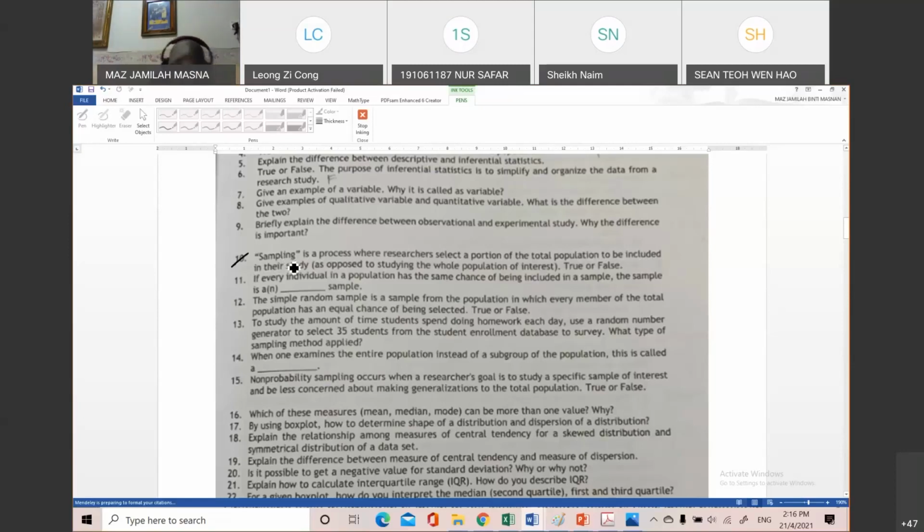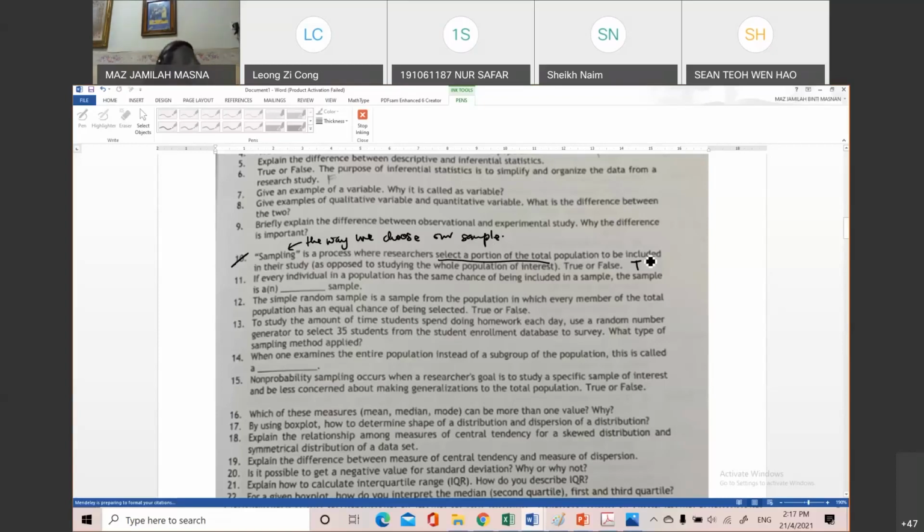We are not talking about a sample, we are talking about sampling. The way we choose our sample. Since it is a process where researchers select a portion to be included in their study, this is true.